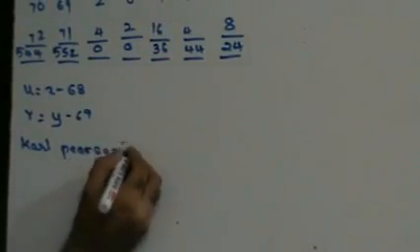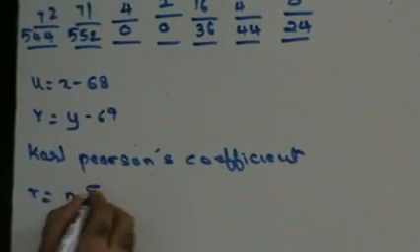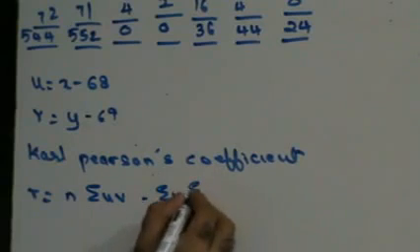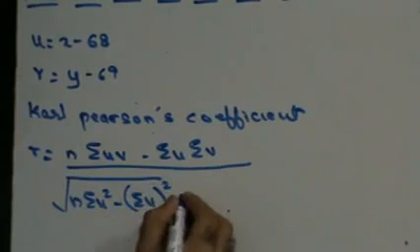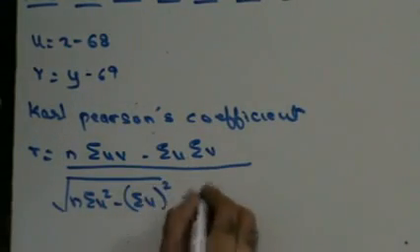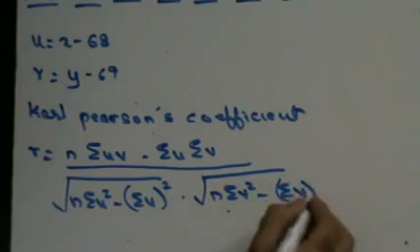Now you have to find Karl Pearson's coefficient. Karl Pearson's coefficient r is given by the formula: n times sigma uv minus sigma u sigma v, upon the square root of n times sigma u square minus sigma u the whole square, into n times sigma v square minus sigma v the whole square.